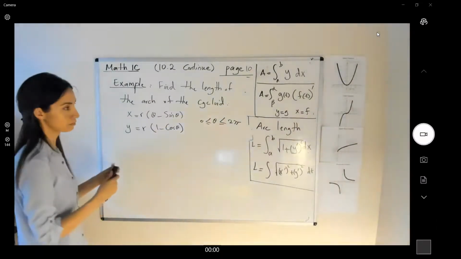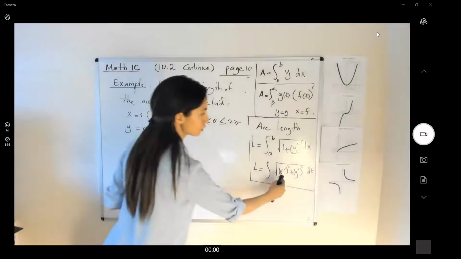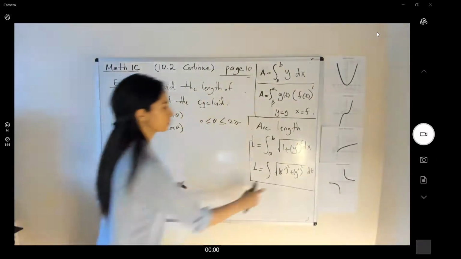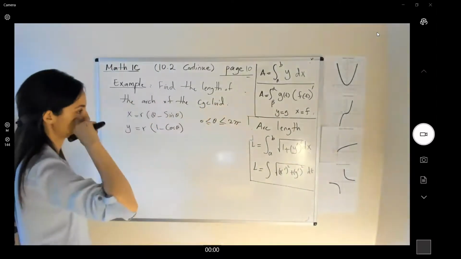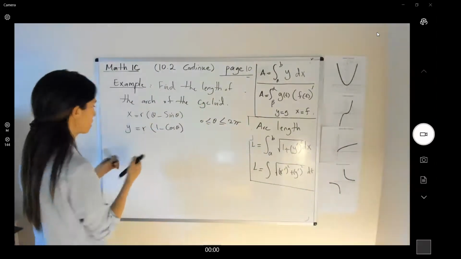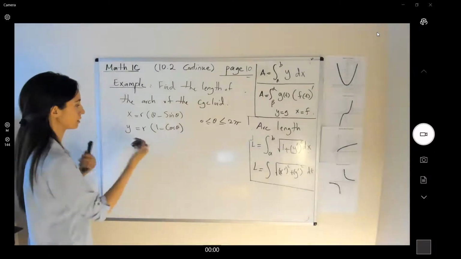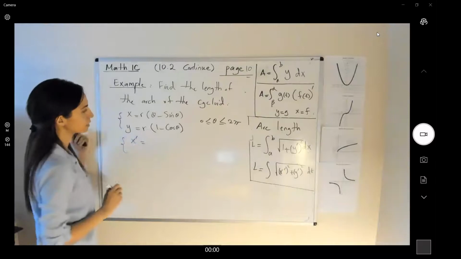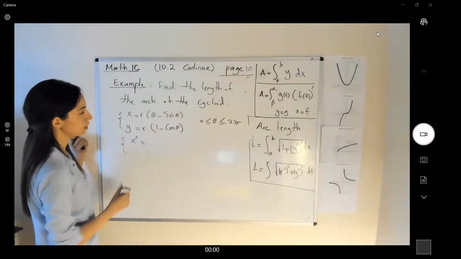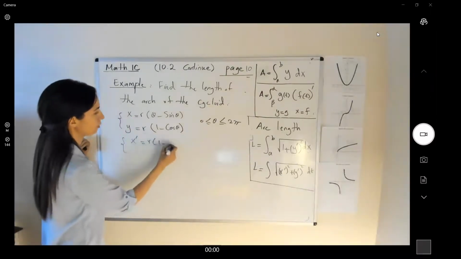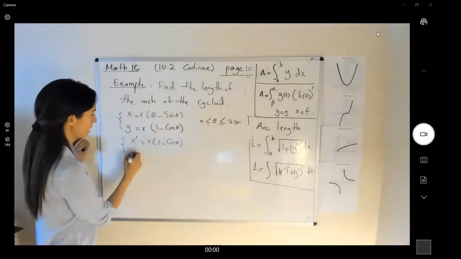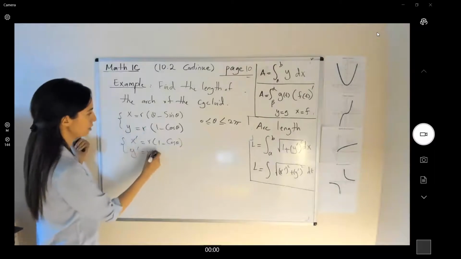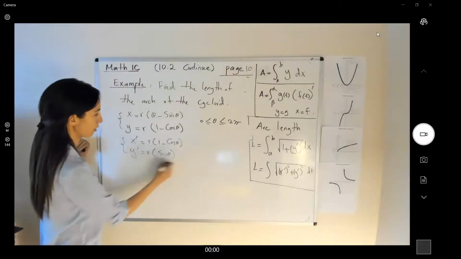Well, so we know that you have to take the derivative of x, you have to take the derivative of y, then raise both of them to the second power, then add them together and find the square root. So let's take these derivatives. The derivative of x with respect to theta is equal to r times 1 minus cosine theta, and the derivative of y with respect to theta is equal to r sine theta.